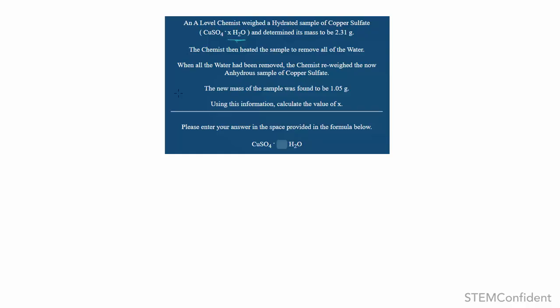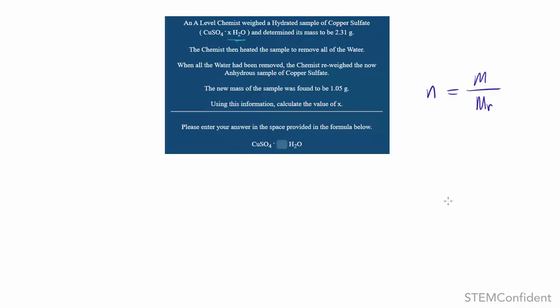So for CuSO₄, if I'm trying to work out the moles from a given mass, one of the key formulas is that the number of moles n is equal to the mass m divided by the molar mass Mr, right?